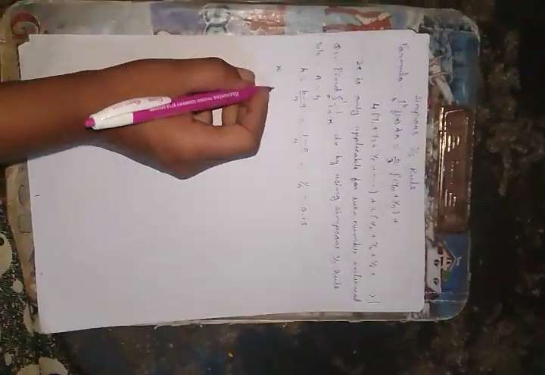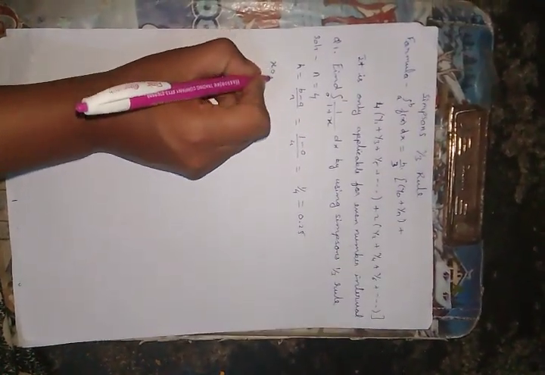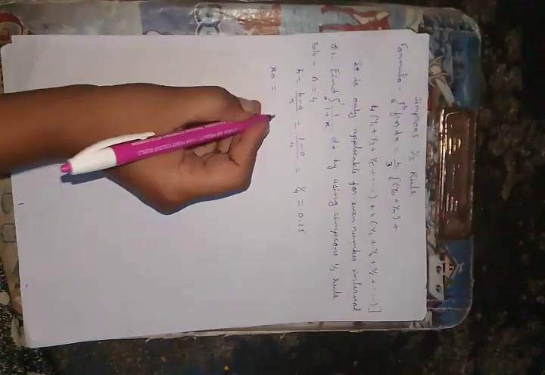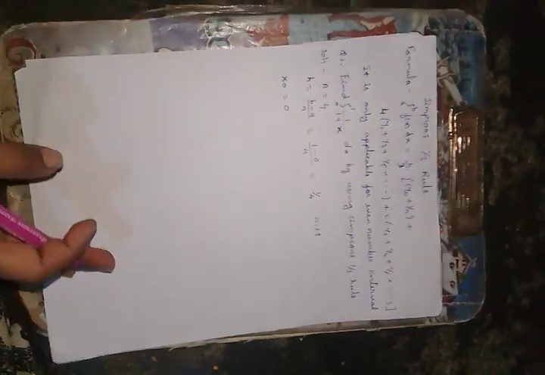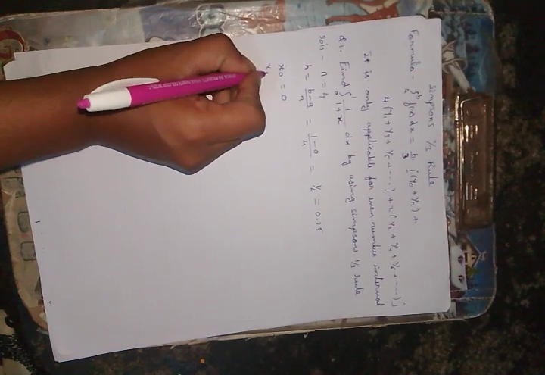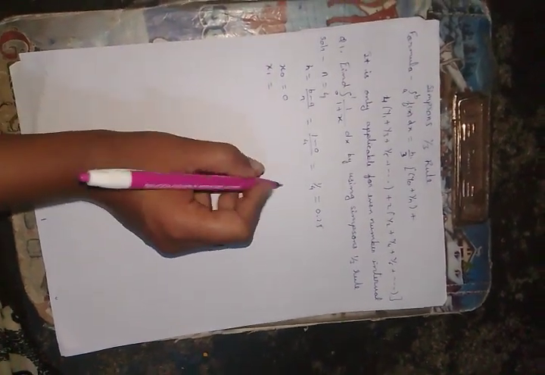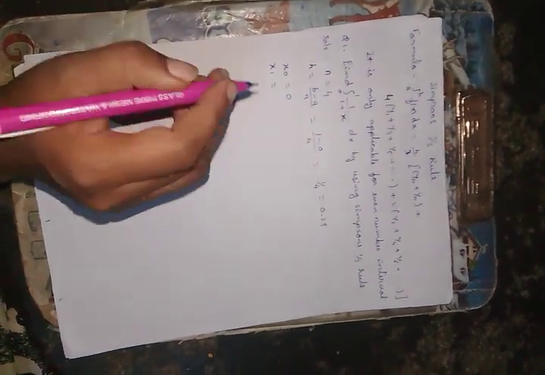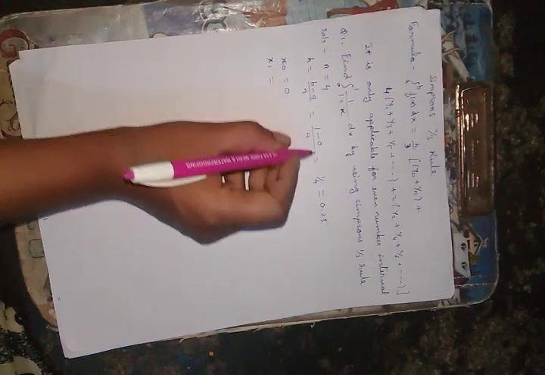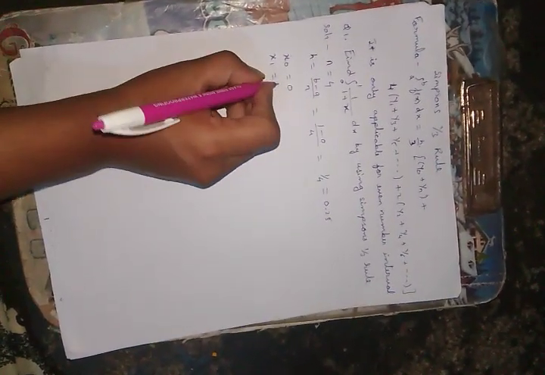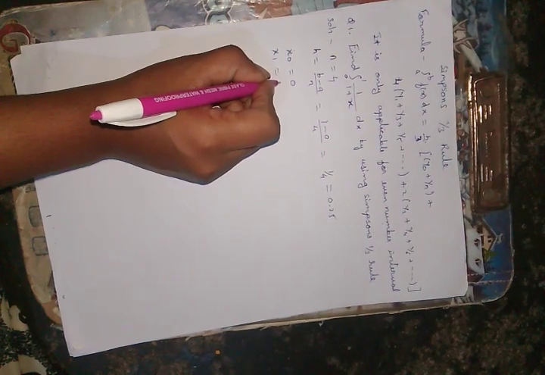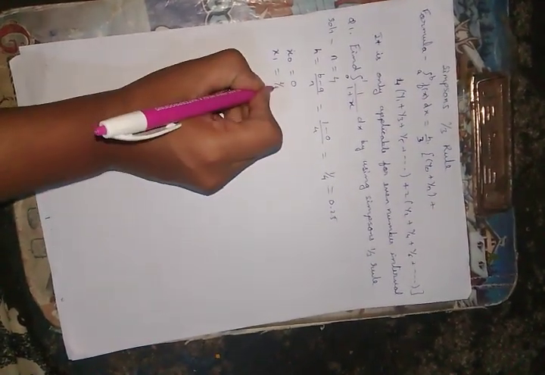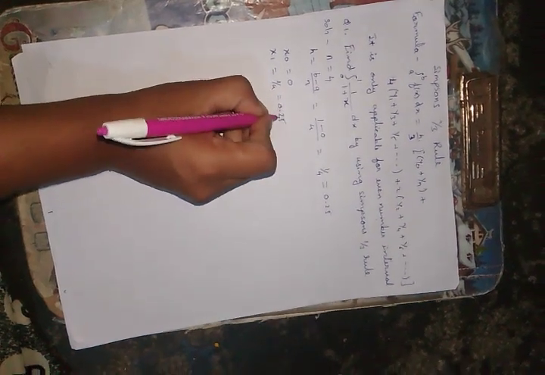Then we have to calculate the values of x and y. Firstly we calculate the x values according to our interval. x0 is the initial value, so we take it as 0. Then x1 is 0 plus h, which is 1 by 4, or 0.25.